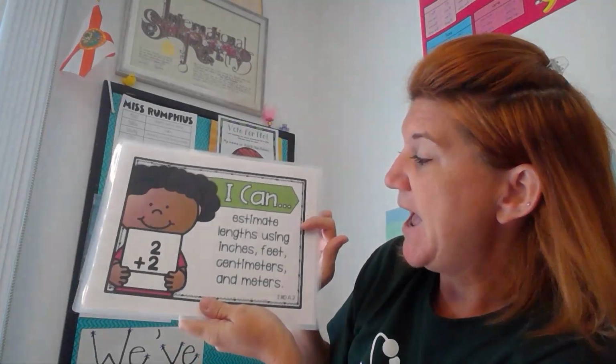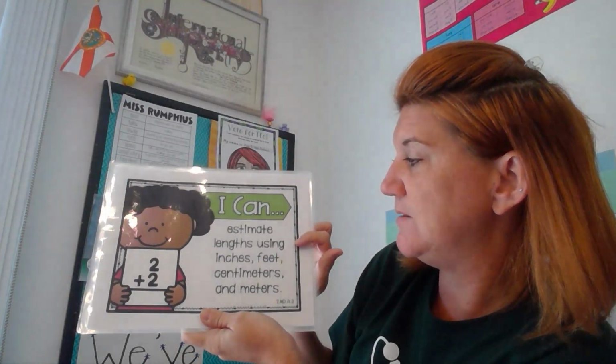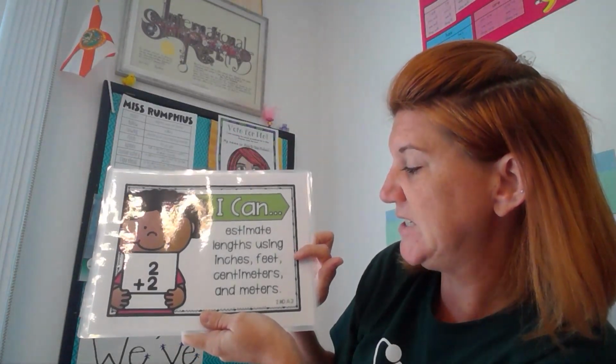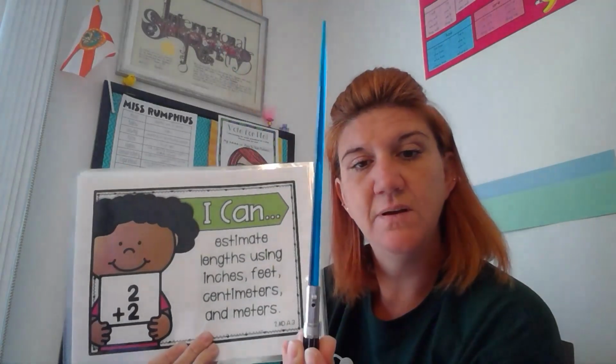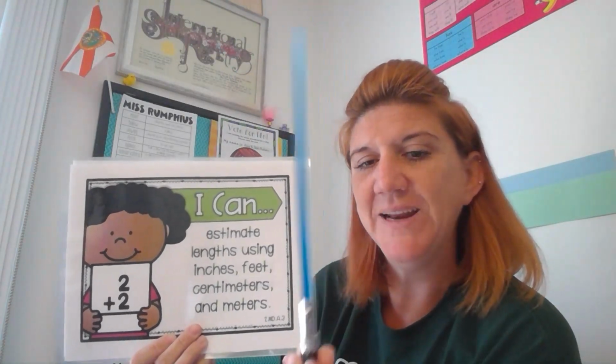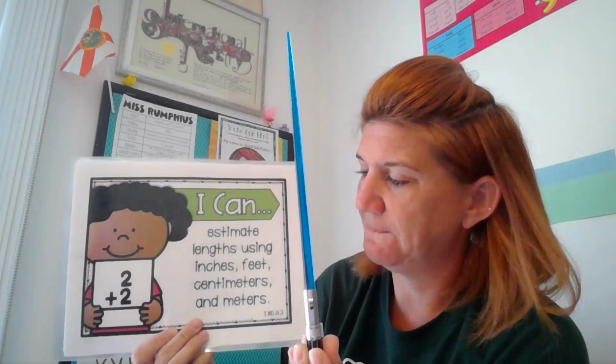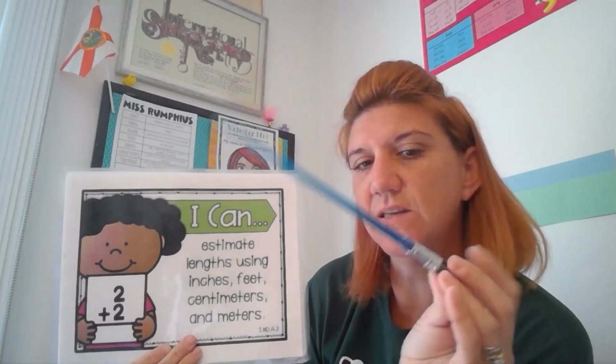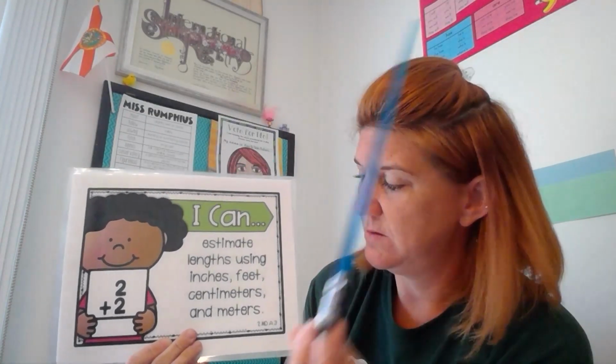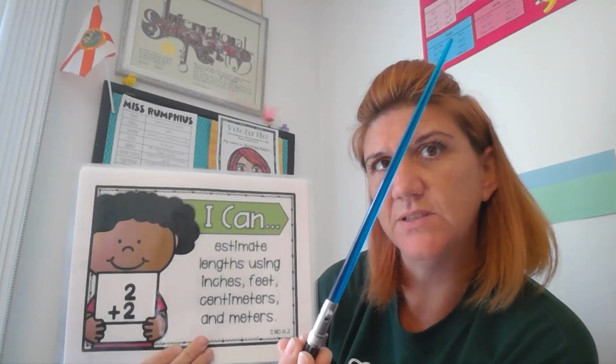I can estimate using inches, feet, centimeters, and meters. So again, being able to estimate how many inches would this be? Do you think this is a foot? How many centimeters is this?